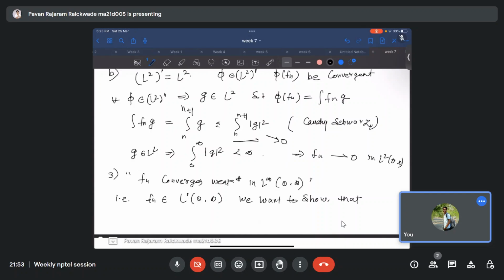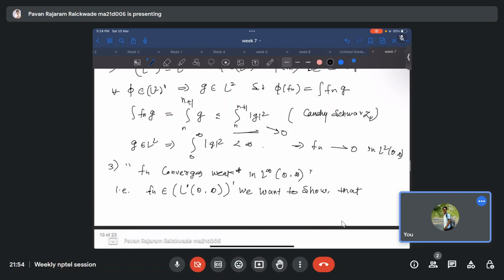Yeah, fn belongs to the L1 dual actually. Is that correct? Yeah, so fn should belong to the L1 dual.